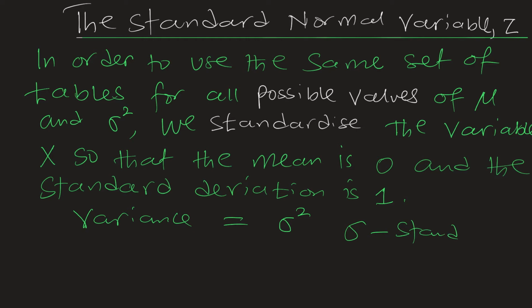This is the standard deviation. So we come up with a new normal variable, and this standard normal variable is what we call Z. Let me give you this information.